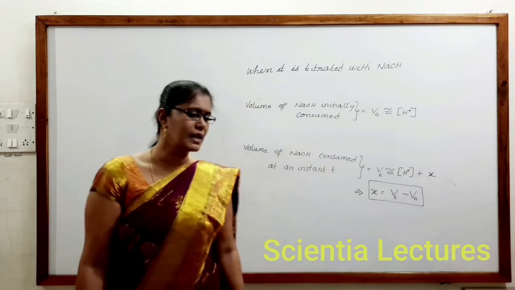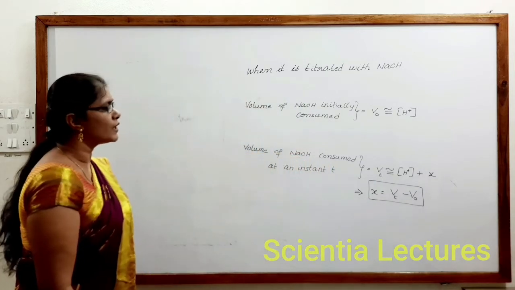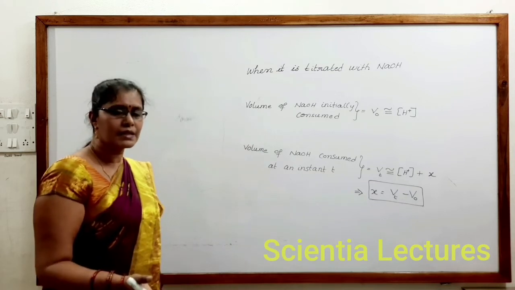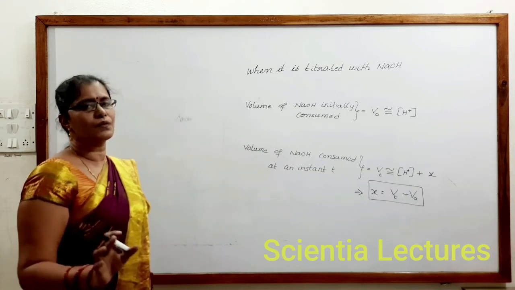So Vt minus V0 is equal to X, which indicates the reacted amount, because they gave only V0 and Vt. They didn't give us the concentration of H plus, they didn't give us X, they didn't give us A. No other information was given to us.